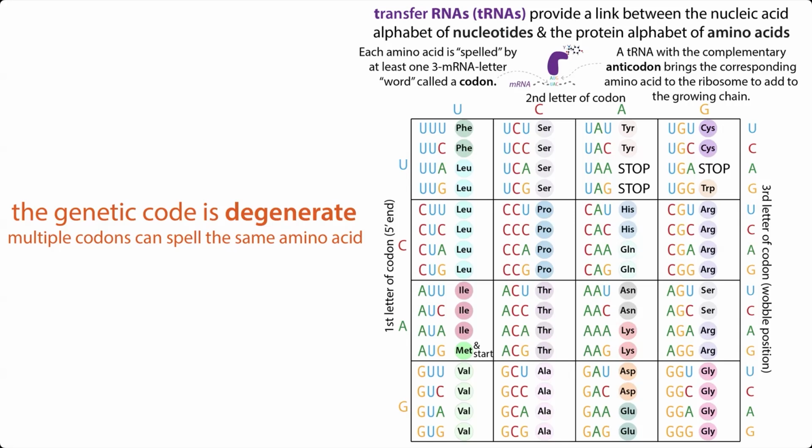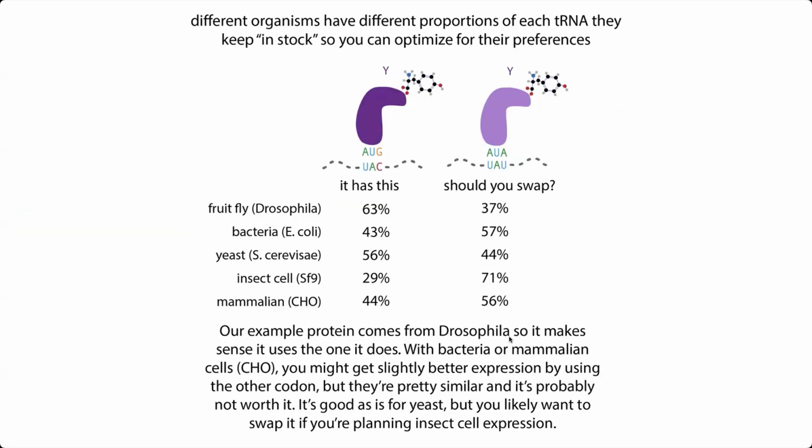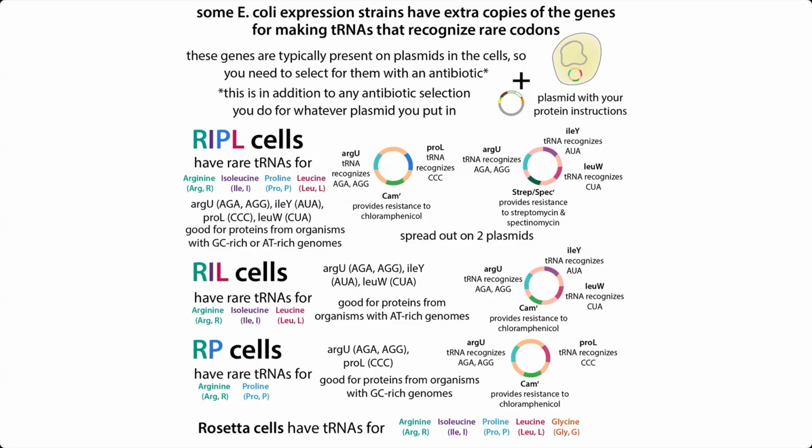In this case, you have more tRNAs of those rare codons so that the bacteria doesn't get stalled, because the bacteria is going to stock up on the ones that it wants for its proteins, not the ones that you want for your proteins. So you can give it more of the ones that you need for it to make your protein. And this is the strategy for these cells.